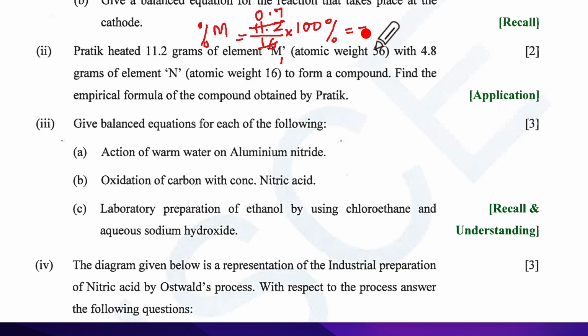So that gives us 70% of M. So obviously N, which will be 4.8 upon 16, will come out to be 30%. So percentage of N is going to be equal to 30%. And then you make the columns like how you make for empirical formula, molecular formula, and you will get the answer for this. I am just teaching you how to think, not to panic.